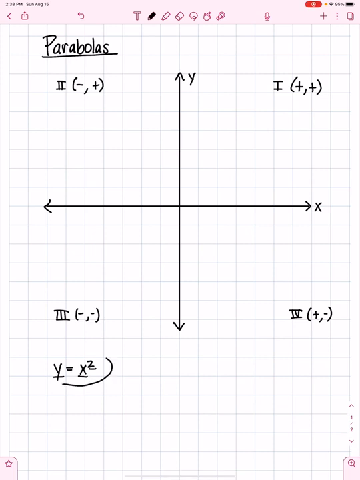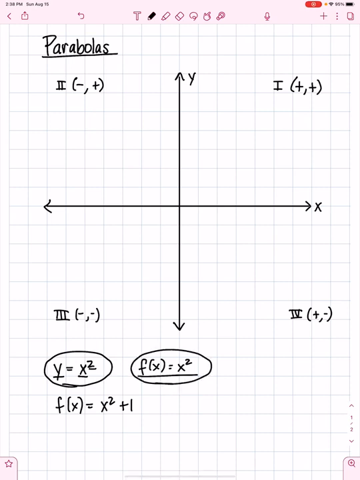This right here is the parent parabola function. And if I know it's a function, I can write it in function notation. All right, now that is the parent function of a parabola, but as the blueprint changes, the look of the graph will also change. So let me indicate what I'm talking about.